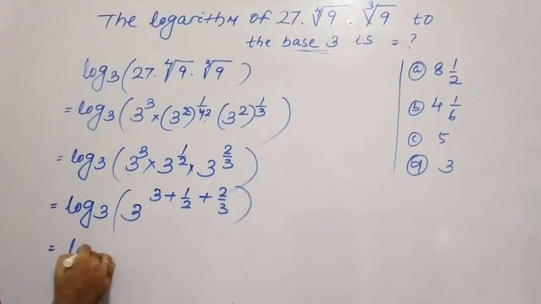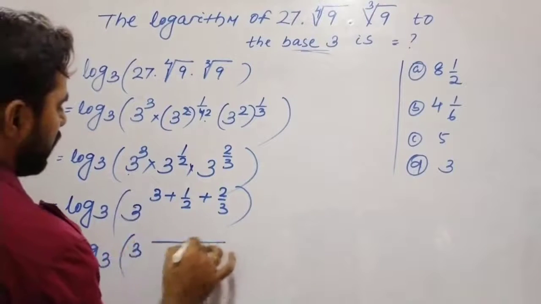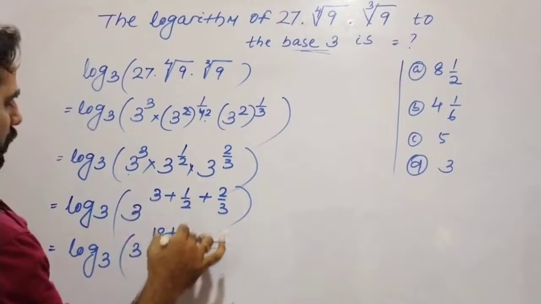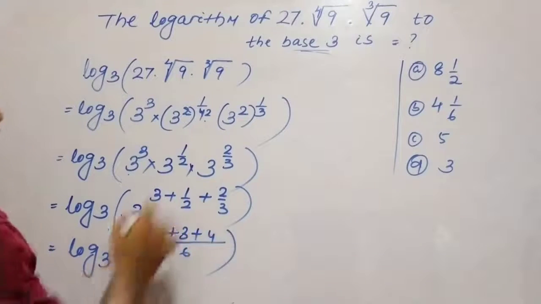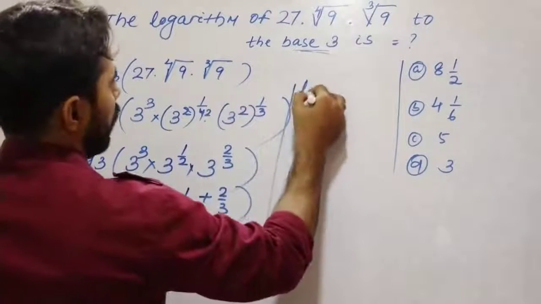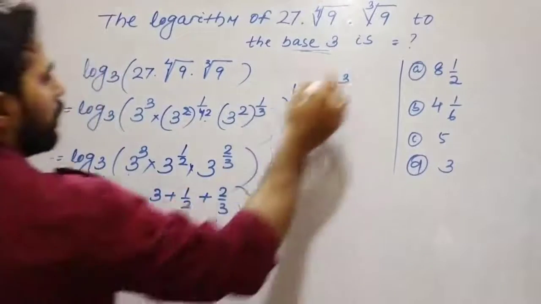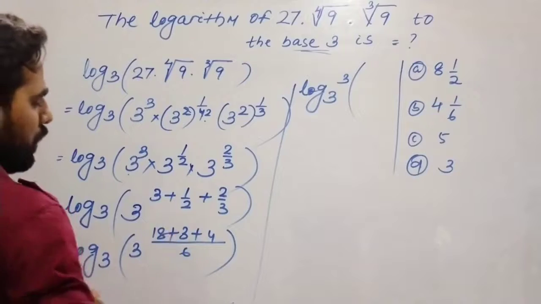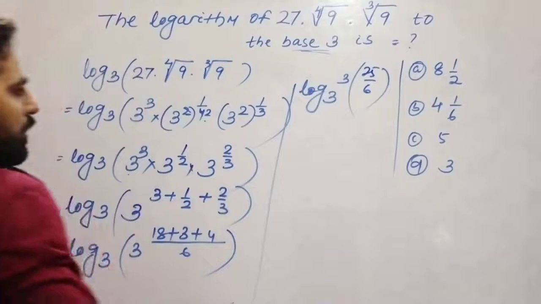By taking the LCM 6, we get 18, 3, 4. So log base 3 of 3 to the power (18 plus 3 plus 4) by 6, that is 22 plus 3, 25 by 6.